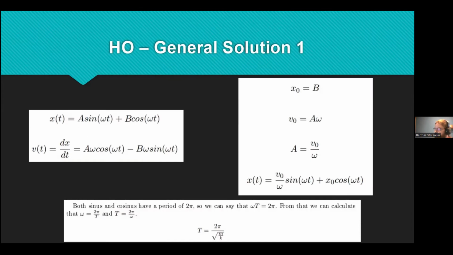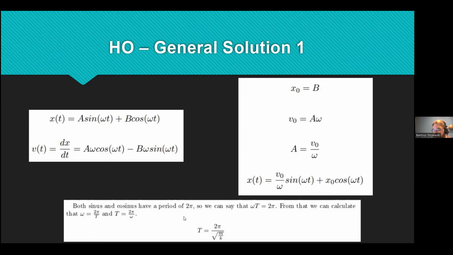To obtain the general solution, these two solutions should be summed, and this is how it looks like. The starting position is b, and starting velocity is a multiplied by omega, a omega, and if we put that to our general equation, we get this equation shown on the right hand side, and this is one of the general solutions for a simple harmonic oscillator.